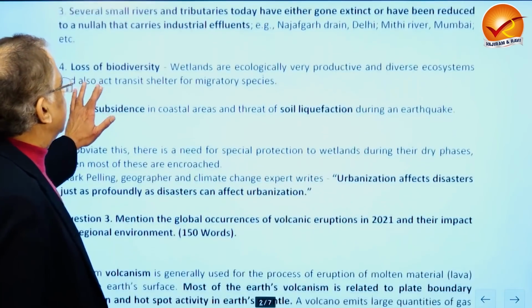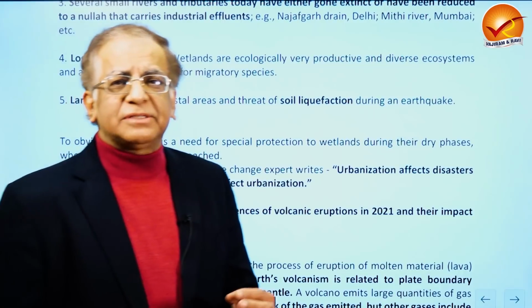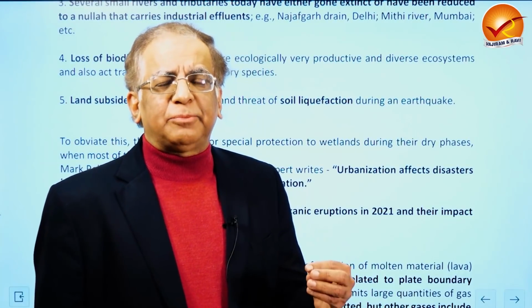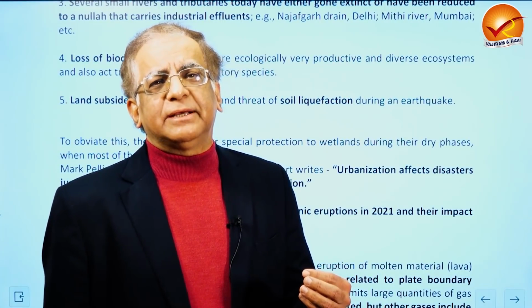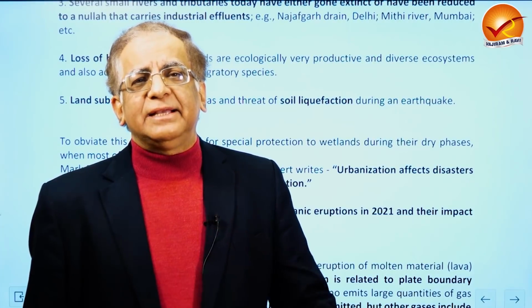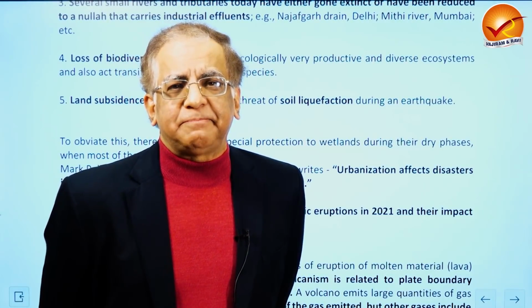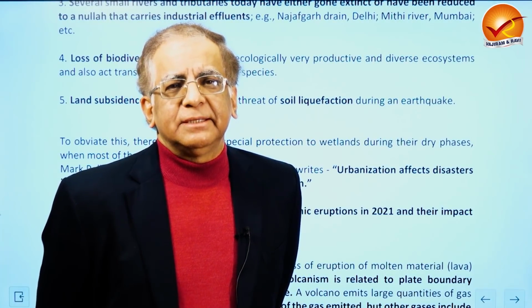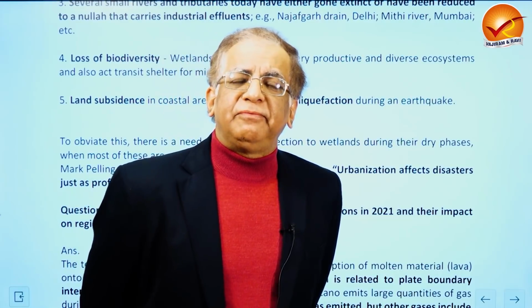Then you have loss of biodiversity because of the wetlands and water bodies being encroached in urban areas. Remember, ecologically speaking, a wetland is a very productive ecosystem, and it is home to a diversity of species of flora and fauna.